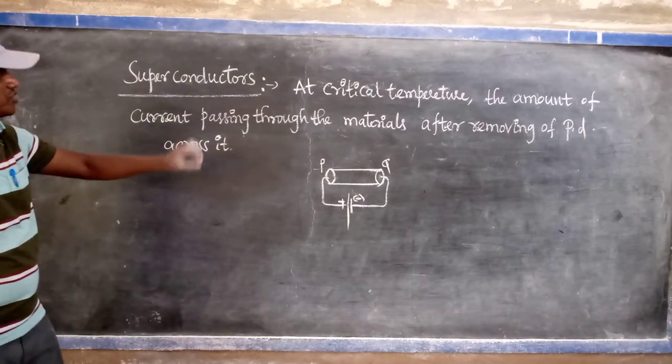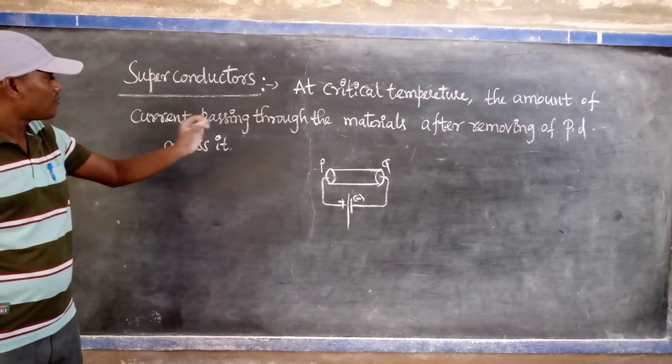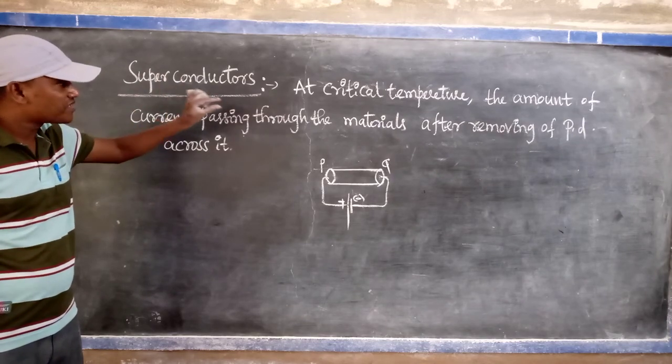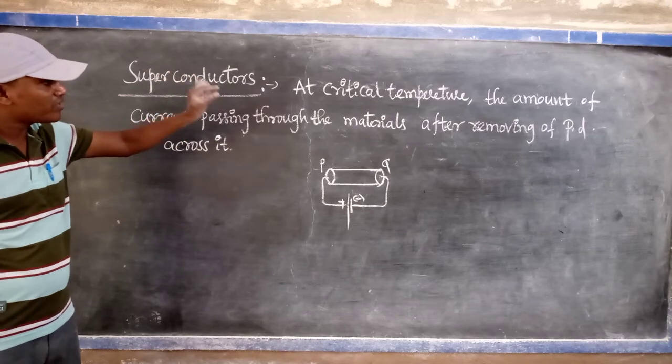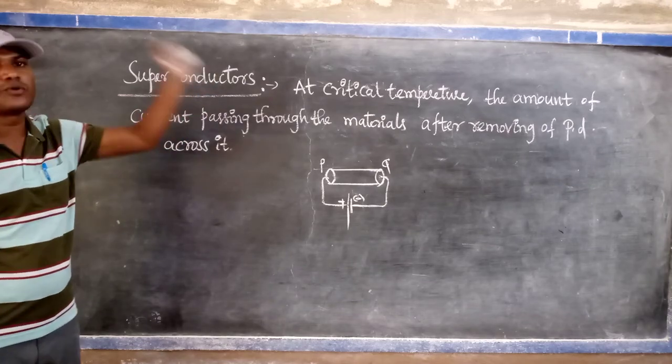That is the exact definition. At critical temperature, the amount of current passing through the materials continuously after removing the potential difference also, those materials are called superconductors.